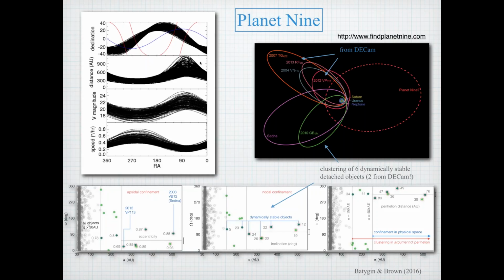Batygin and Brown earlier this year hypothesized that if this isn't a chance coincidence, but there is a dynamical explanation of this clustering, it can be explained by a hypothetical massive planet that has a really large semi-major axis, somewhere between 200 to maybe 1,000 astronomical units, and a mass of about 10 times the mass of the Earth.